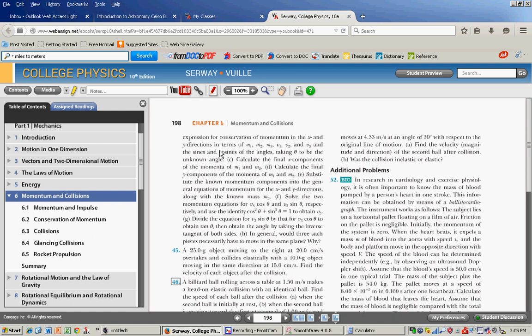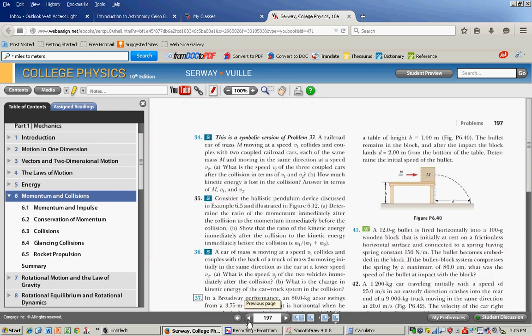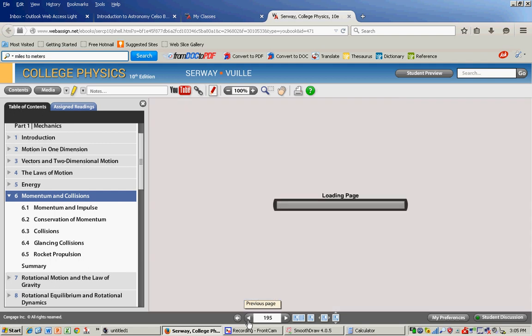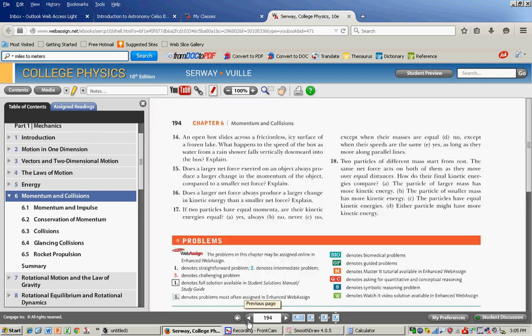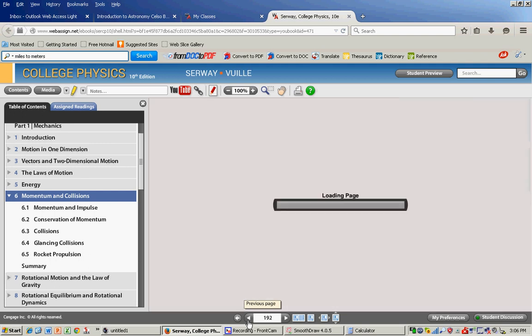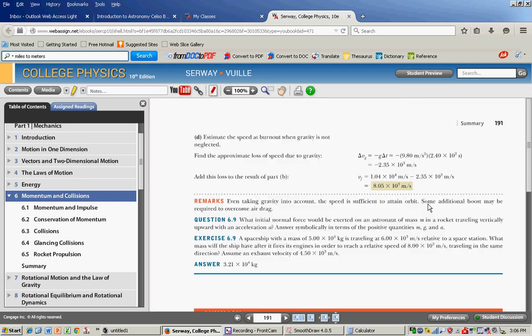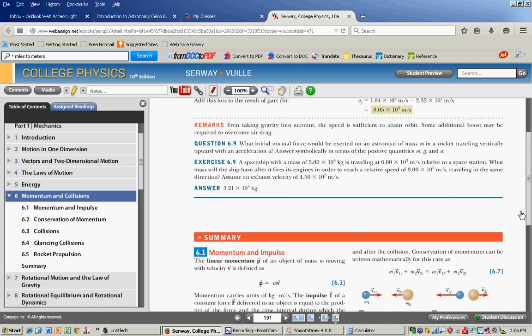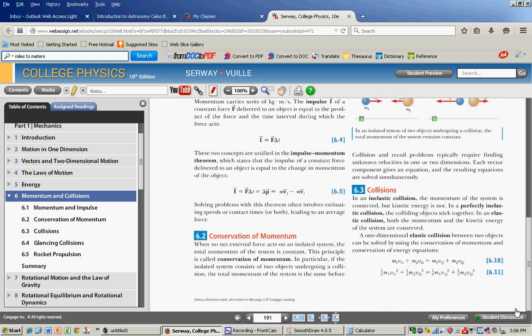So let's go back to the end of the chapter, where you have some. Okay, right here. In elastic collision, as long as external forces cancel out, the only major forces playing any role in the collision are internal.